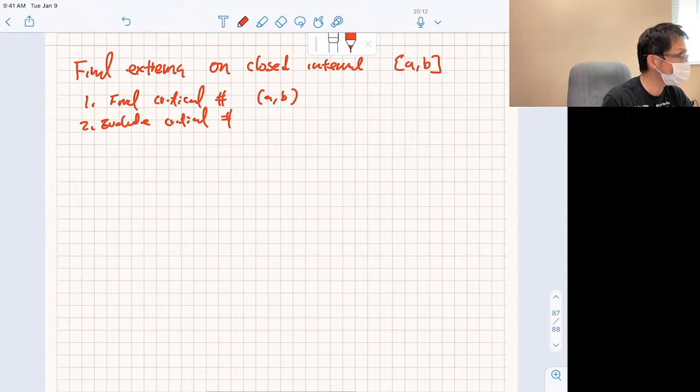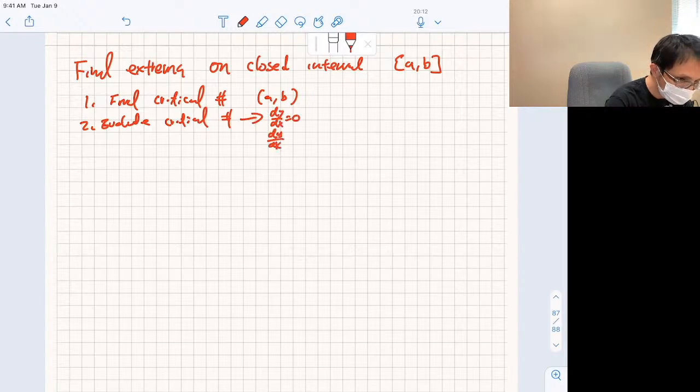What else? The derivative is equal to what? Undefined. So a critical number means two things: dy/dx equals 0 or dy/dx is undefined. And we're going to talk about that as well.